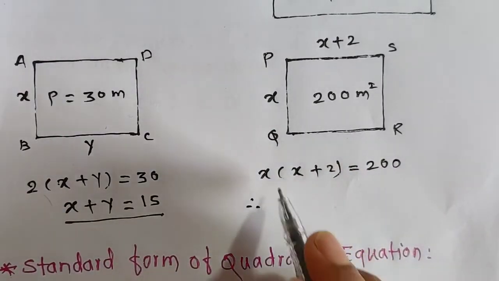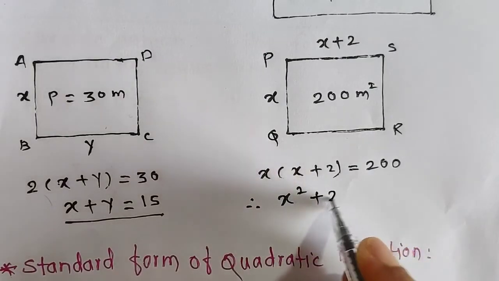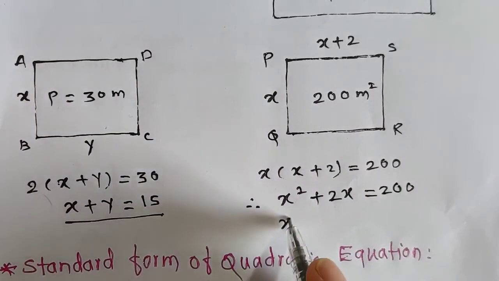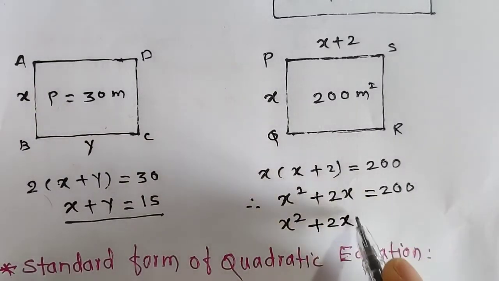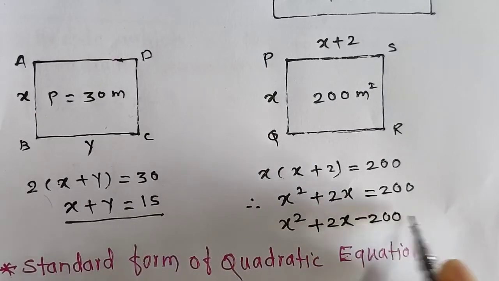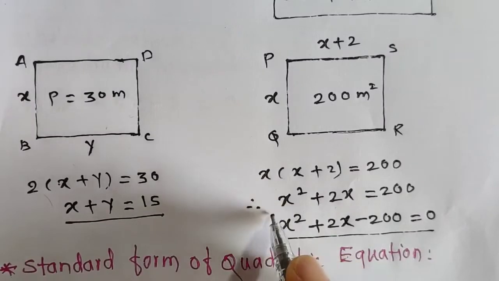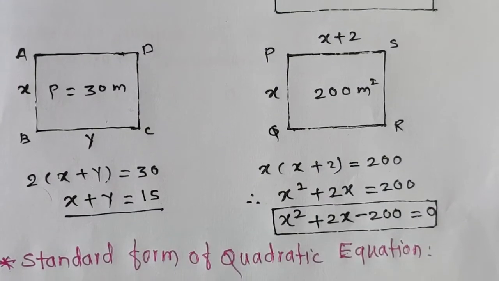When we solve that equation, x into x is x square, plus 2 into x, 2x, is equal to 200. If we simplify, we get x square plus 2x minus 200 is equal to 0. So this is an example of a quadratic equation. This type of example is a quadratic equation.